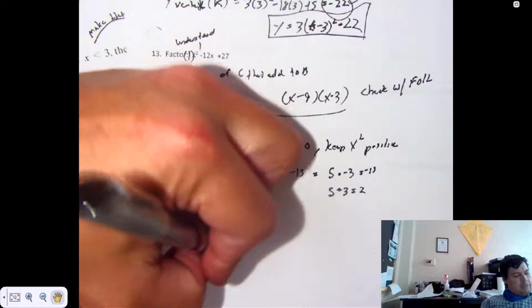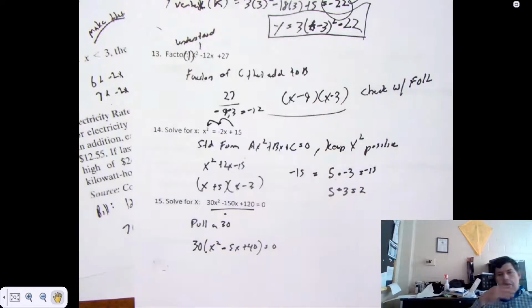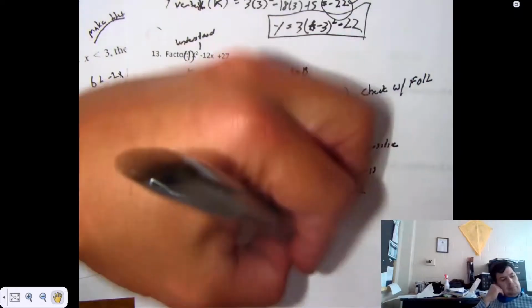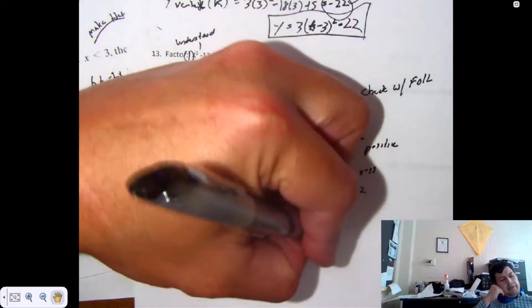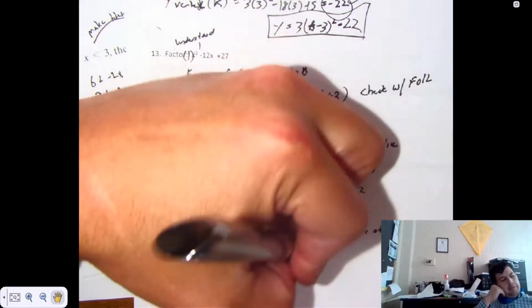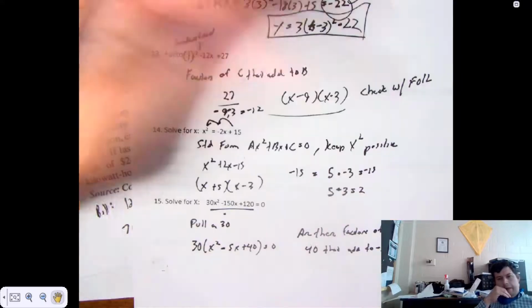So that's x squared minus 5x plus 40 equals 0. And here's the problem. Are there factors of 40 that add to negative 5?